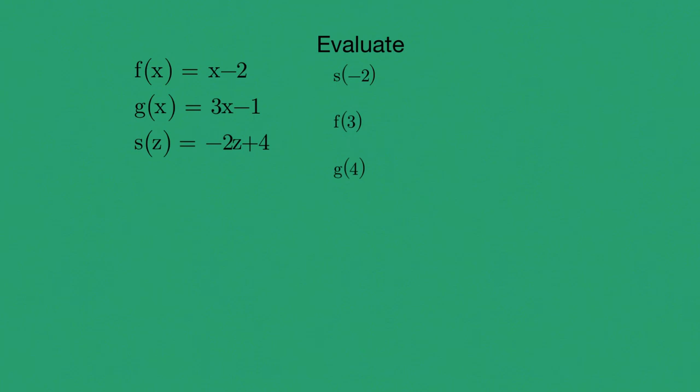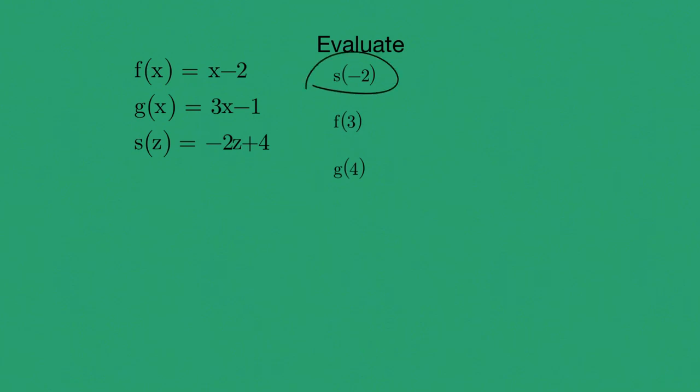So the first one is s of negative 2. Well, if it's s of negative 2, which function are they telling you to go to? Go to the s function. Which one's the s function? This last one here, right? Negative 2z plus 4.